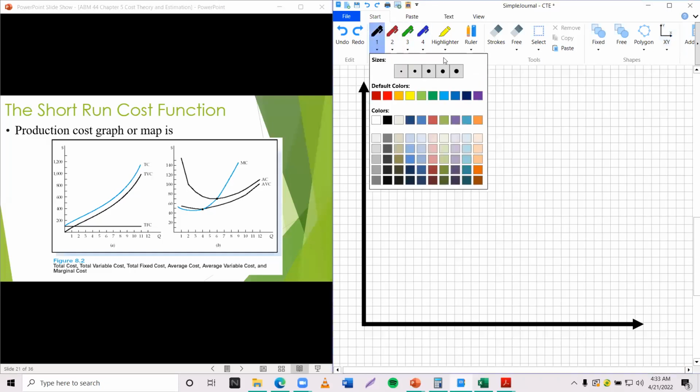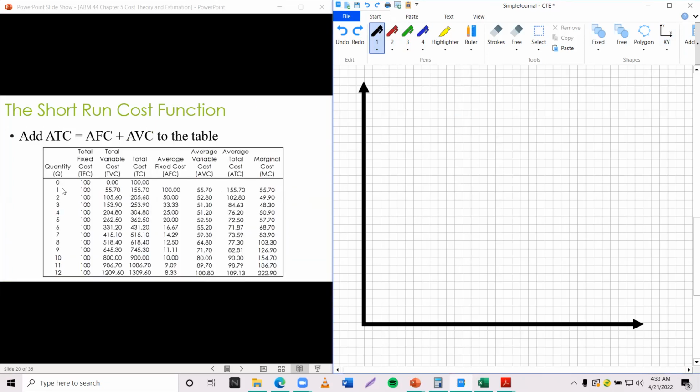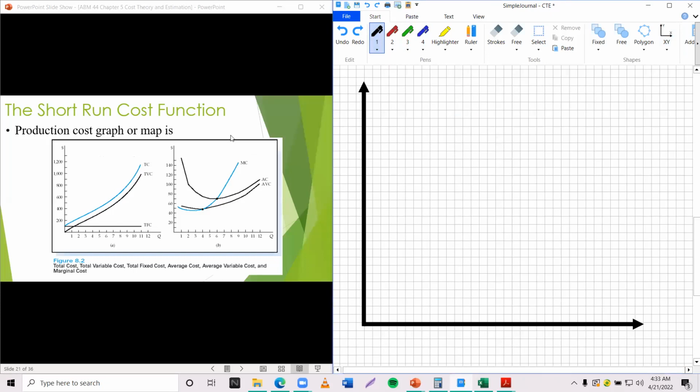So I hope you can see my screen. So let's have this as an example. So let's try to put up the graph. So from 0 to 12, okay, so this would be the price. Put price here because it would be based on cost. Put price, peso, and quantity.